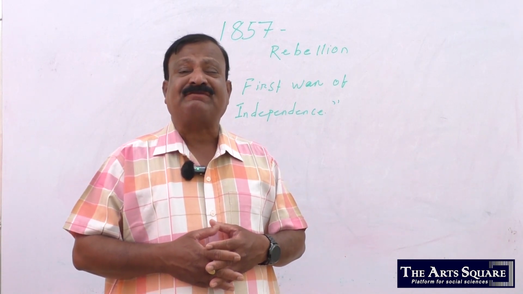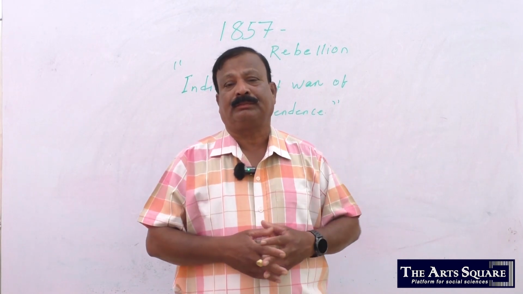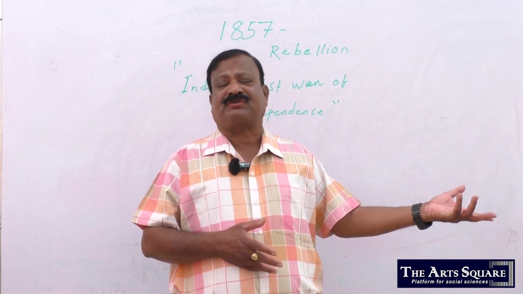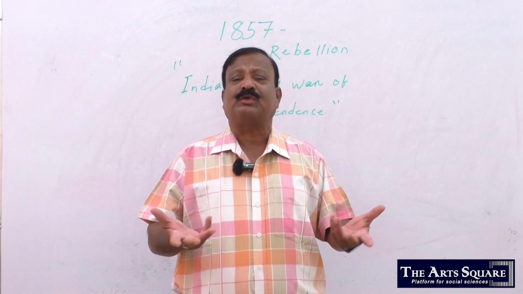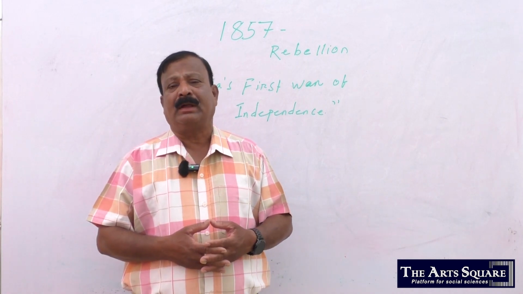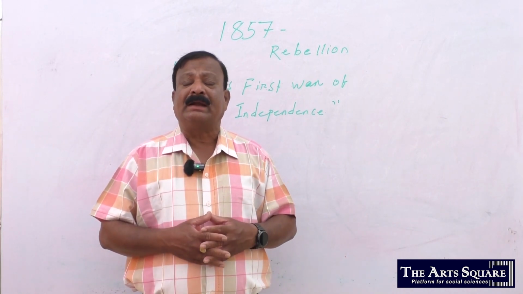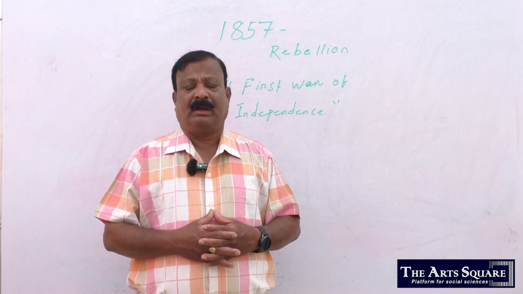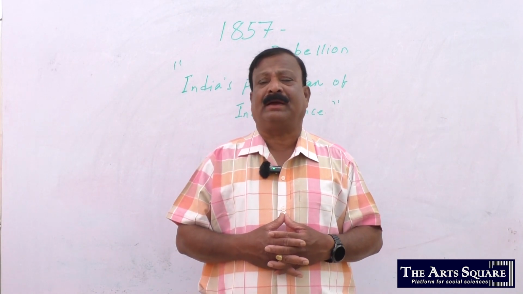And by the grace of God, with the situation and favorable wind for them, they became the rulers of India. They defeated Siraj-ud-Dowla in the Battle of Plassey in Bengal.